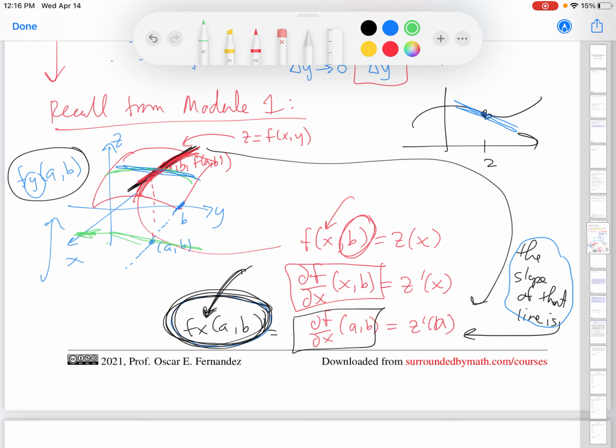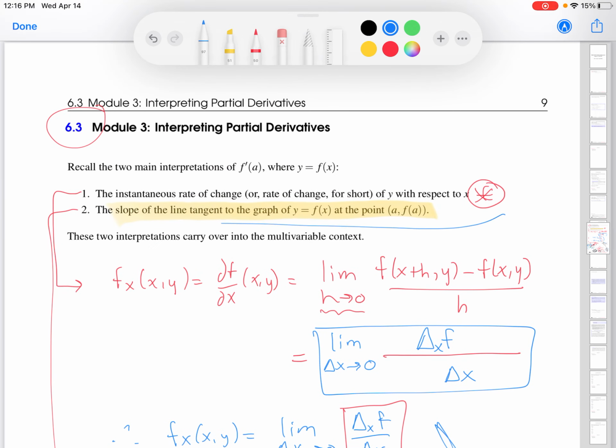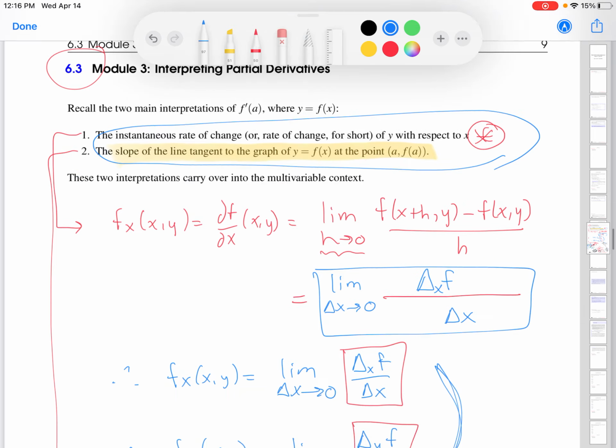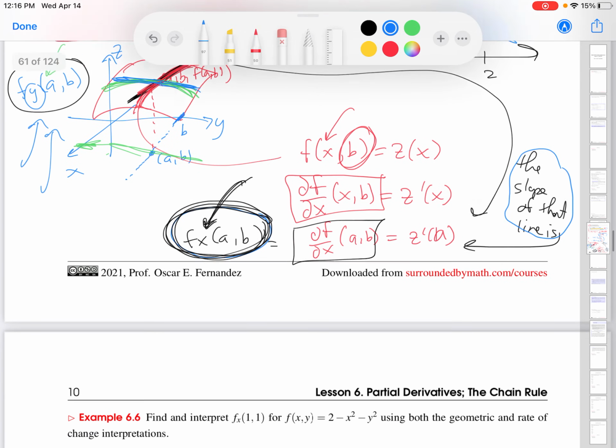So I would be getting a curve like this on the surface that goes up and down in y with x fixed. Once I got to (a, b) and looked at that tangent line, its slope would be measured by this partial derivative. So it's in this way that these two interpretations of what the derivative means in single variable calculus carry over to this multivariable context.